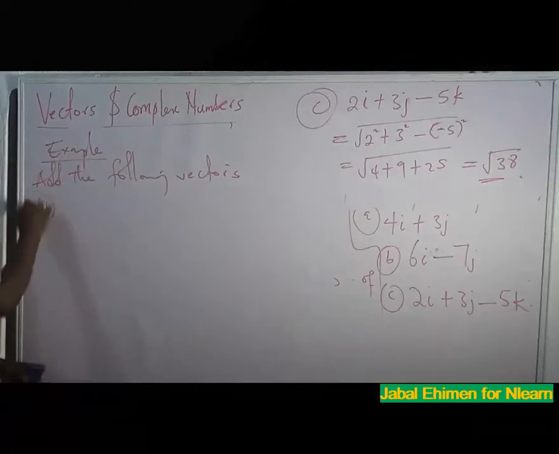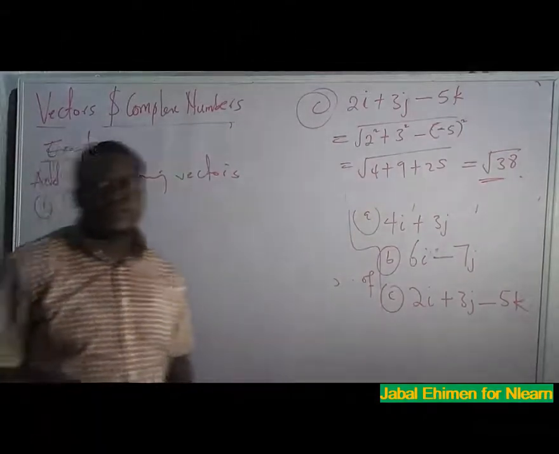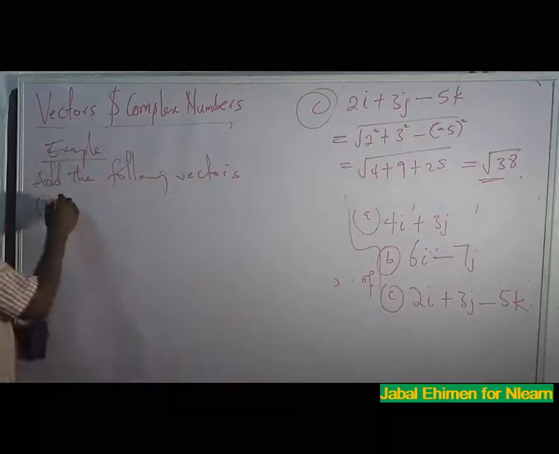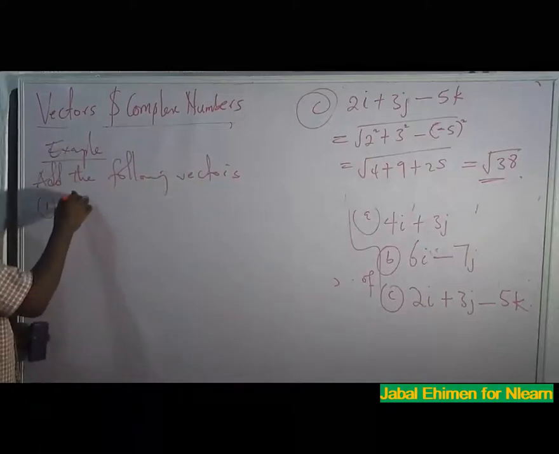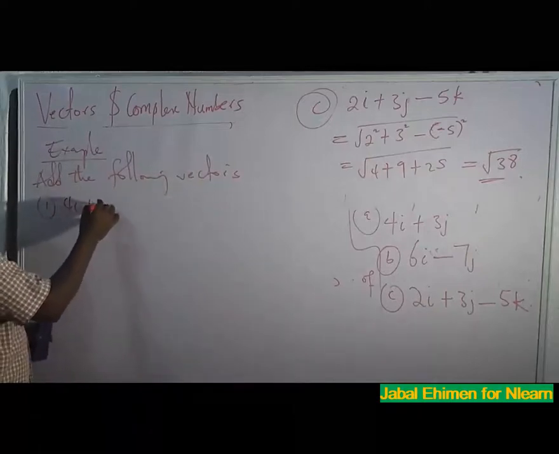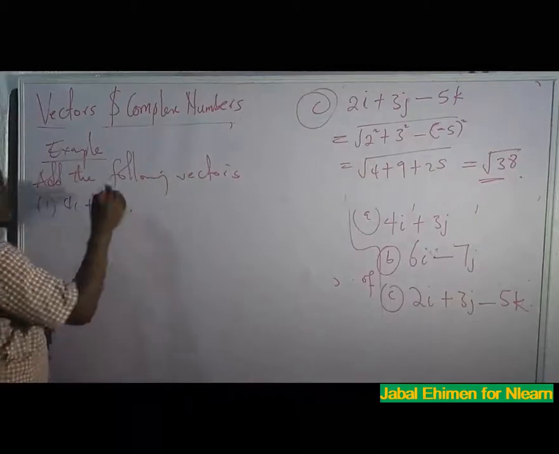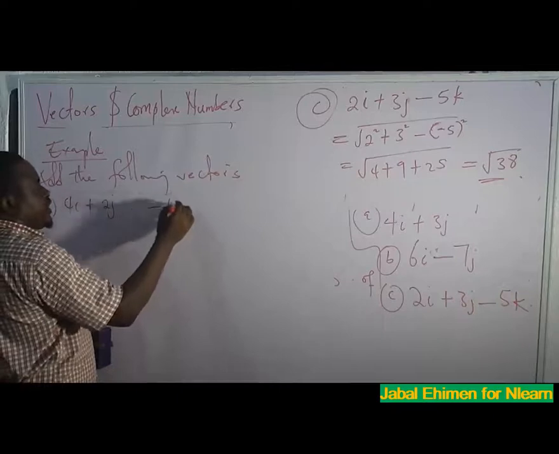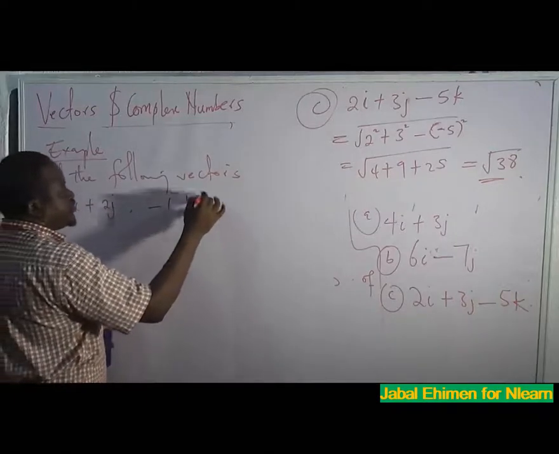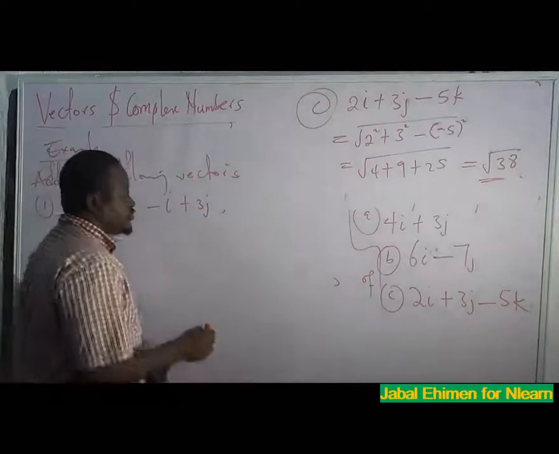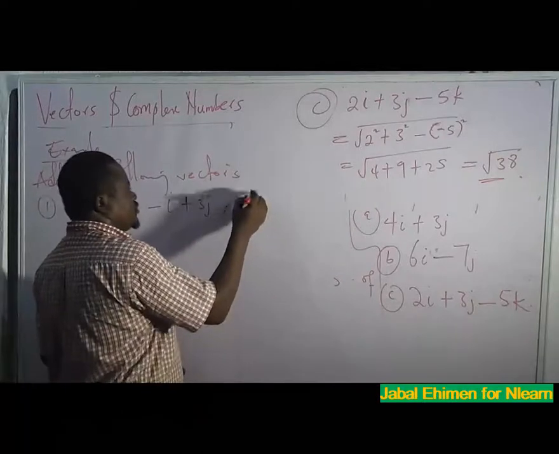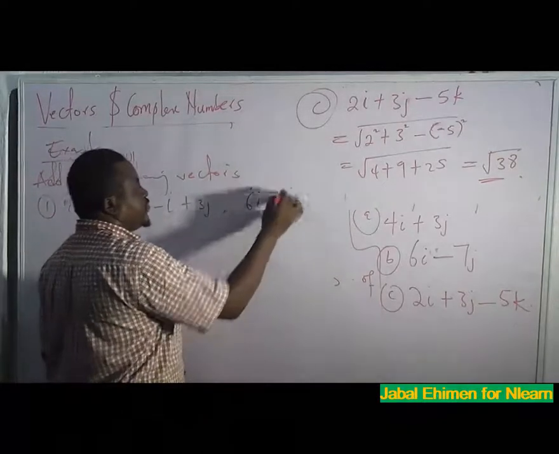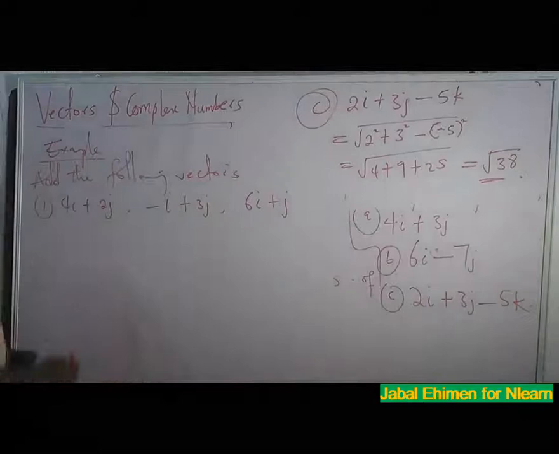Maybe I have 4i plus 2j. That's one vector. The second vector is minus i plus 3j. And the third vector is 6i plus j. If you are asked to add these vectors, how do you add them?